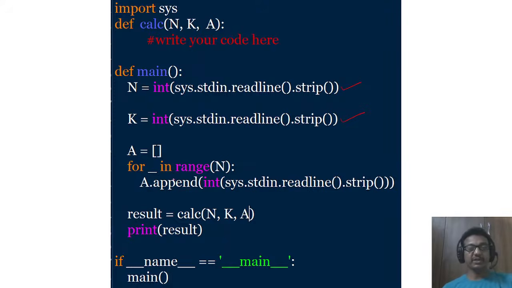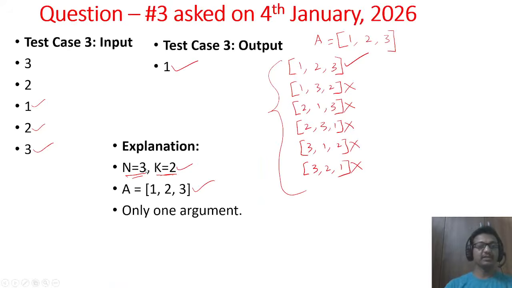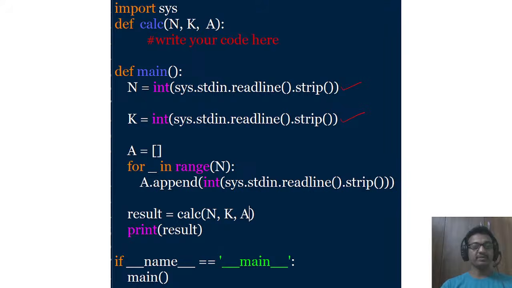So a is a list, storing these values, read from the standard input. Then it calls a function called calculate, and n, k and a are passed as arguments.